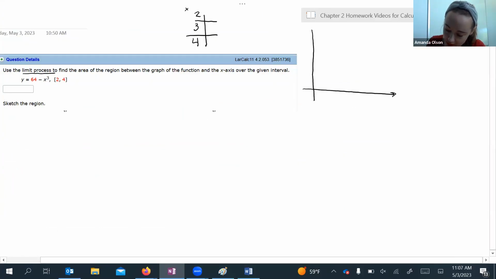Okay, so these are my X's and these are my corresponding Y's. So if I plug in 2, I have 2 to the third, which is 8. 64 minus 8, this is going to give us a 56. For 3, 3 to the third is 27.